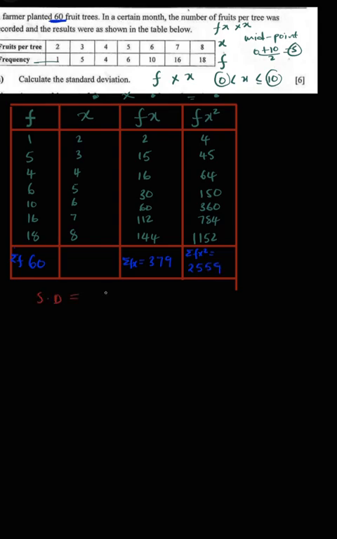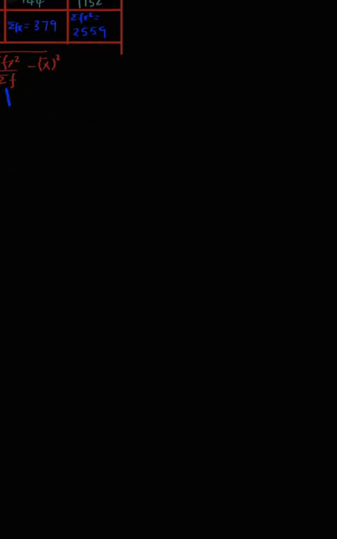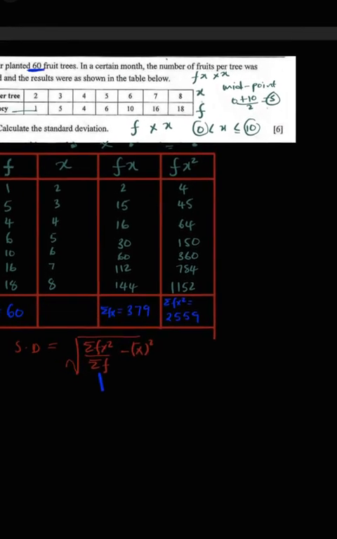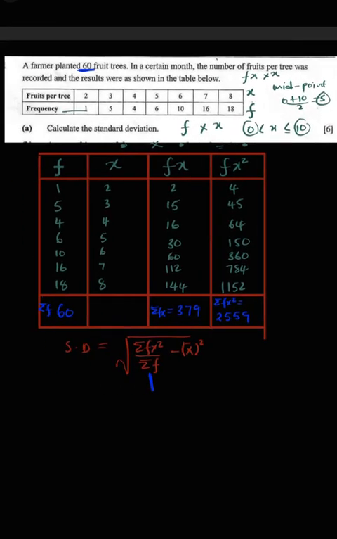Okay, then we now come back to the formula. Standard deviation is equal to the square root of summation of fx squared divided by summation of f, it's still group data, minus mean squared. Okay, so what do we have? We already have summation of f.